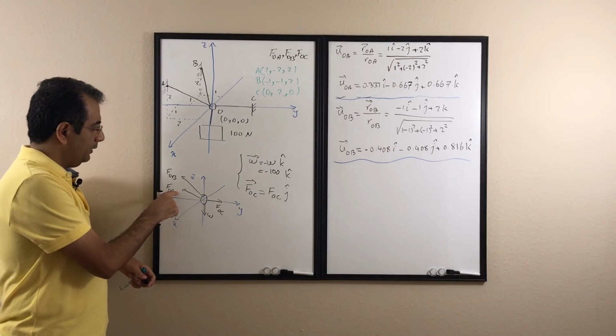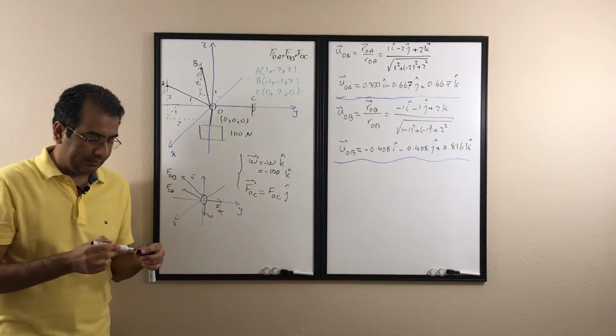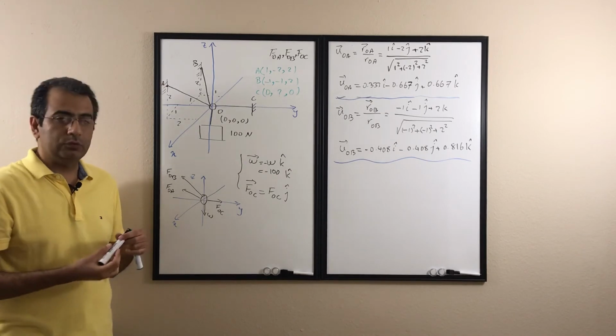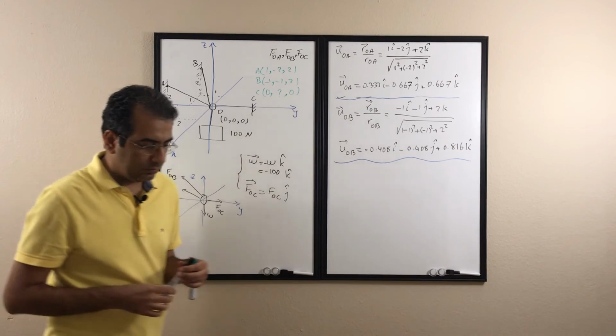For FOA and FOB, it's not that easy because they are 3D, not along any axis. If you remember, we have to use the position vector to write them. So I go back there and show how to write them.